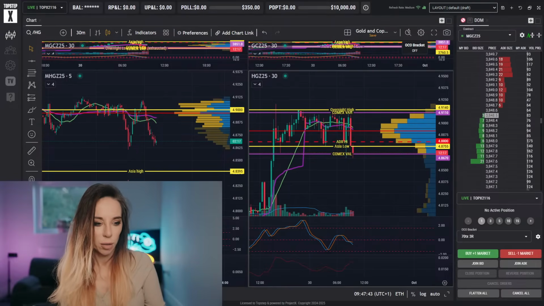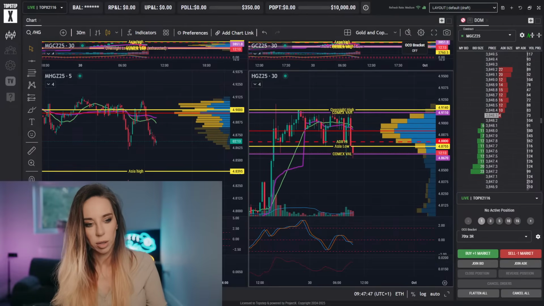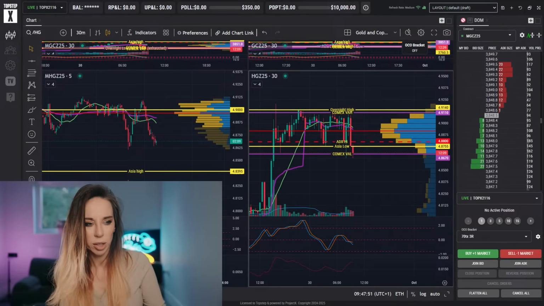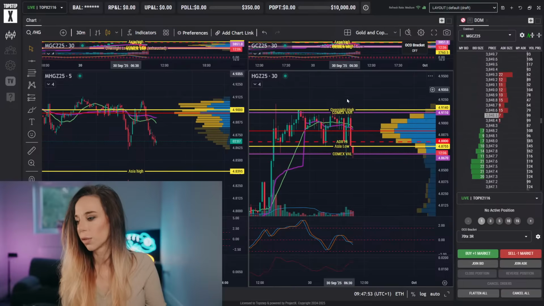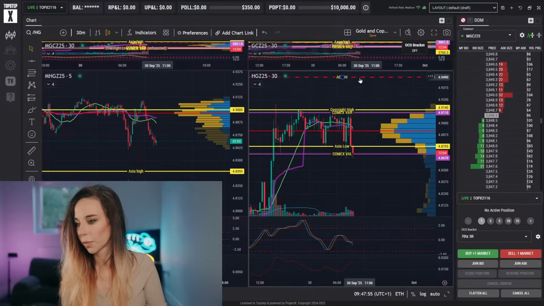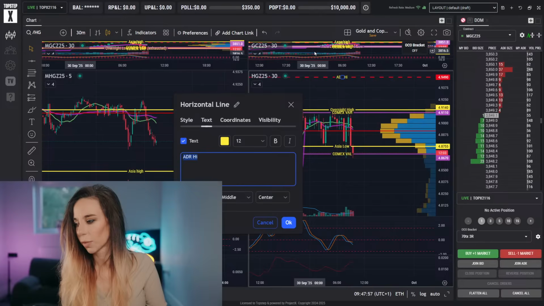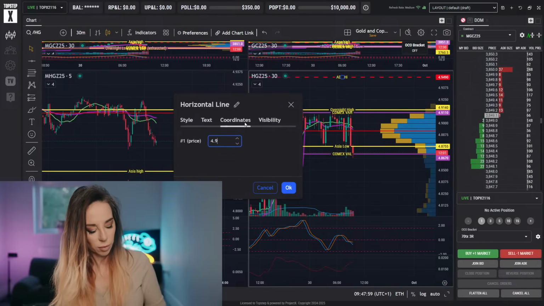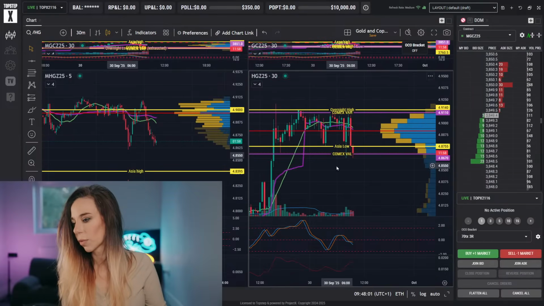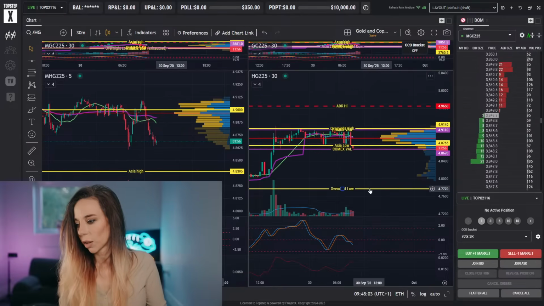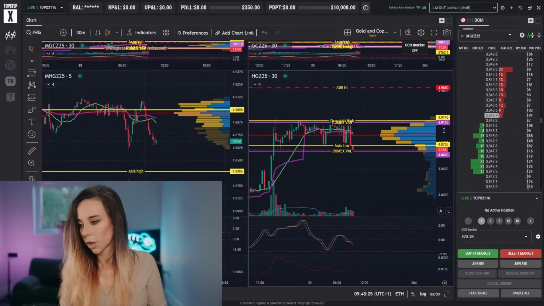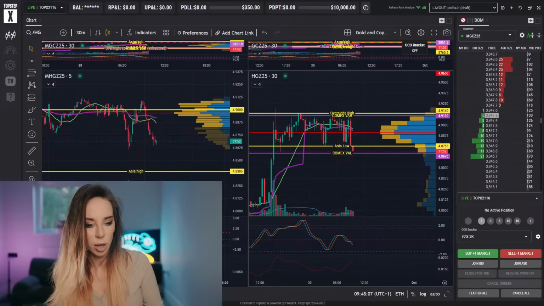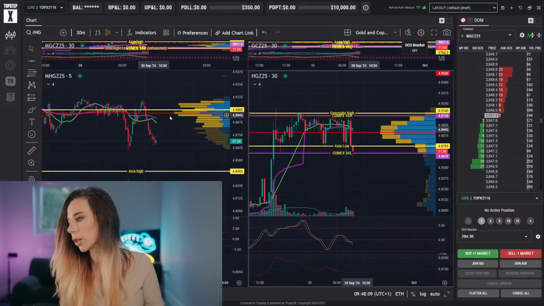And where are the average daily ranges? So let's have a look. Average daily range high, quite far away, 96.50. And average daily range low is at 80.90. Okay.